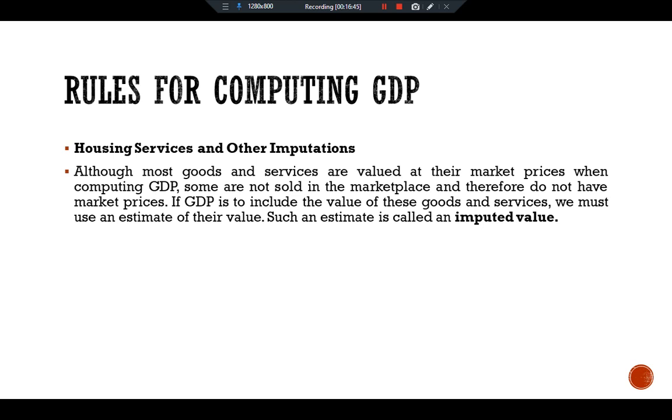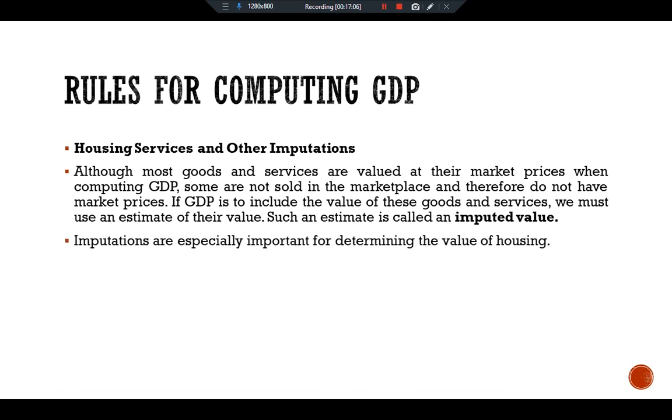If GDP is to include the value of these goods and services, we must use an estimate of their value. Such an estimate is called an imputed value. Imputations are especially important for determining the value of housing.